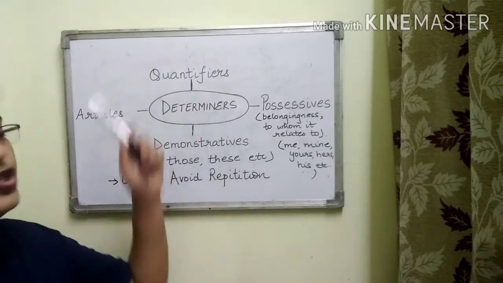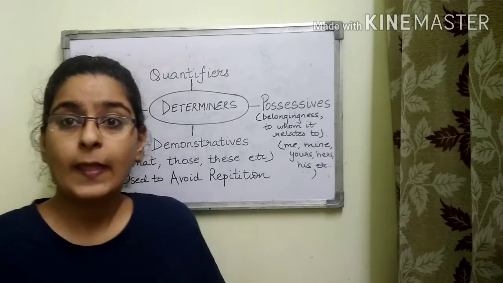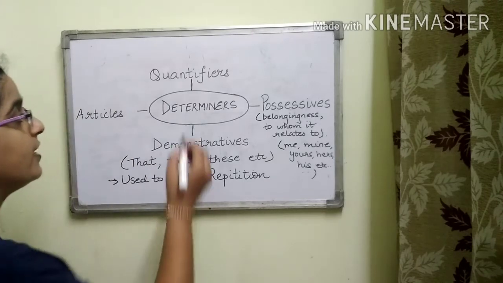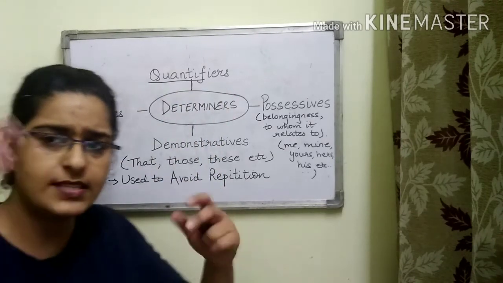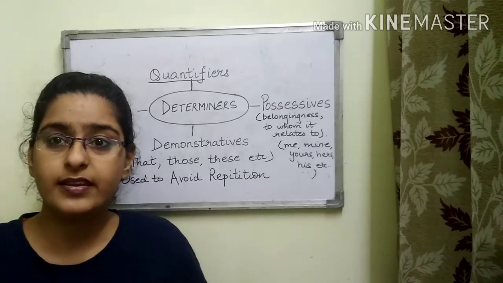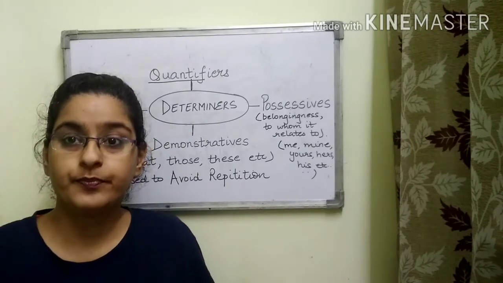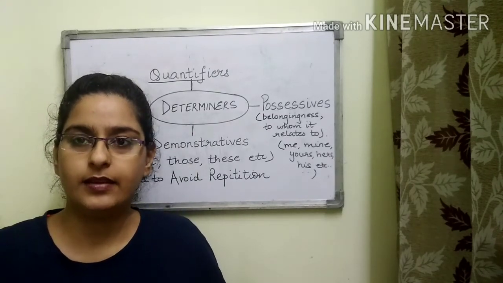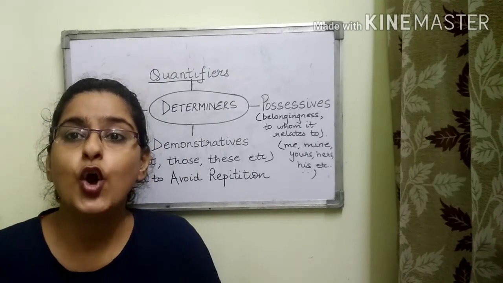Now we'll come to the last one, that is quantifiers. Now when I say quantifiers, what word comes to our mind? Yes, it relates to quantity, the number of the thing, number of nouns.